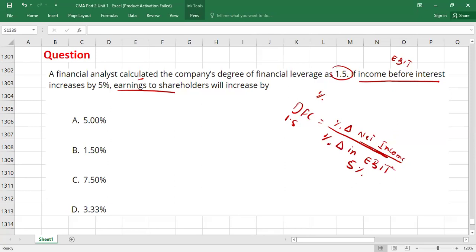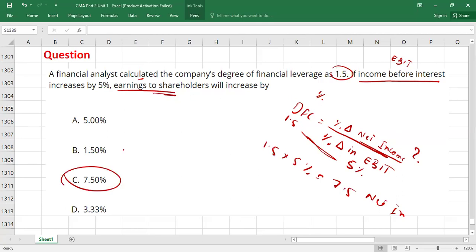Calculate the missing value. How will you solve it? This numerator you have to find. Simply multiply 1.5 by 5%. It will give you 7.5, which will be your net income. So the earnings to shareholder will increase by 7.5%. Clear? Mathematically, you just have to solve the formula. Answer is given, denominator is given, numerator you have to find. That's it.